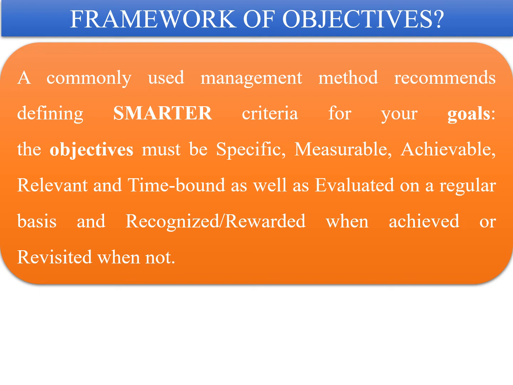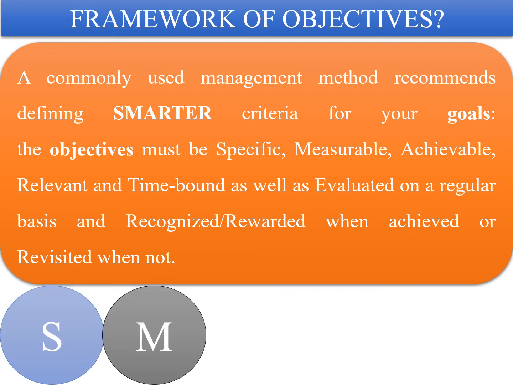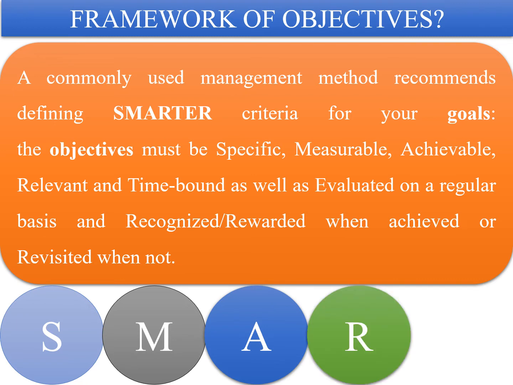Therefore, the objectives must be specific, measurable, achievable, relevant, and time-bound, as well as evaluated on a regular basis to ensure whether you are on the right track, or you need some changes in your action plan so that you will not miss the target. It can be recognized or rewarded if achieved, and the action plan revisited if not, because ultimately you have to achieve your objectives.